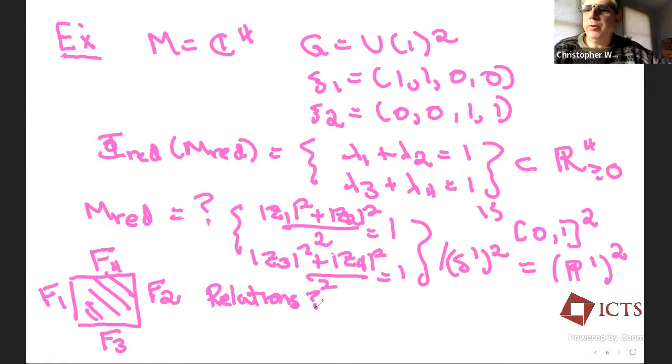So what will the relations be here? Anything that's perpendicular to the C's will give me a relation, right? 1, 1, minus 1, 0, 0, for example, or 0, 0, 1, minus 1.